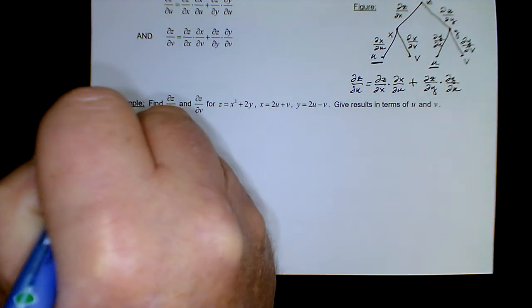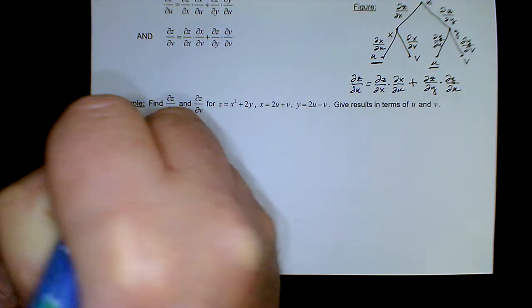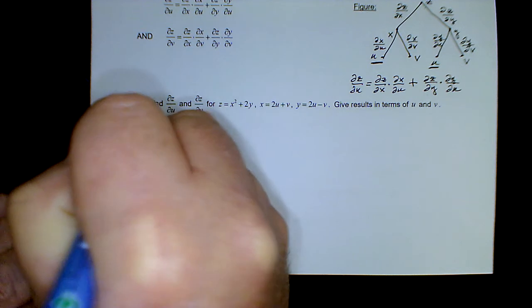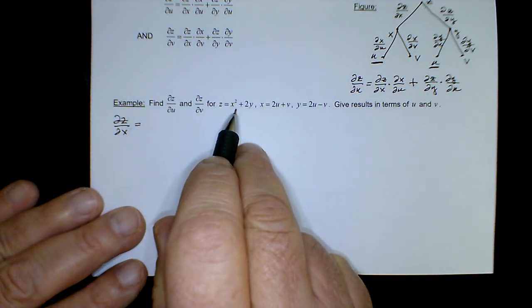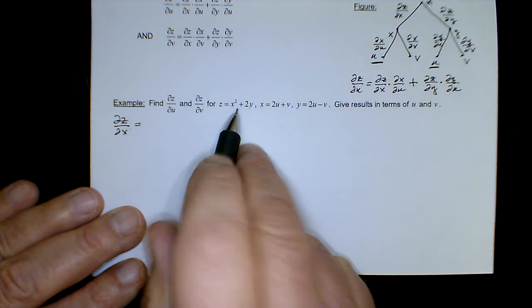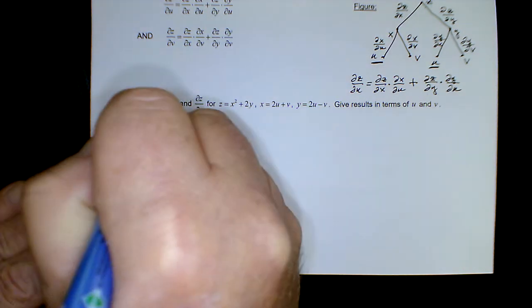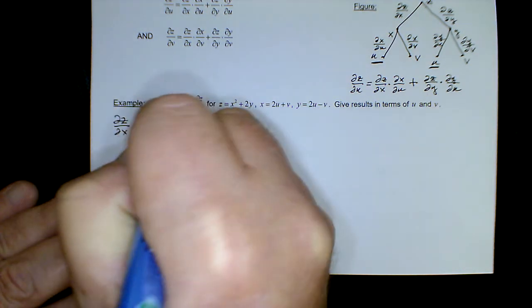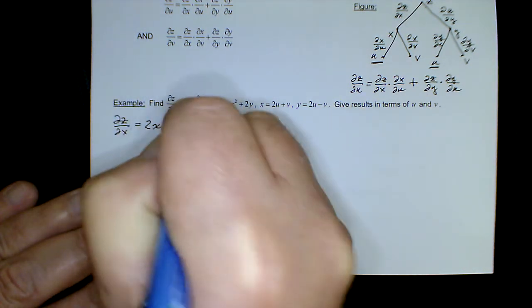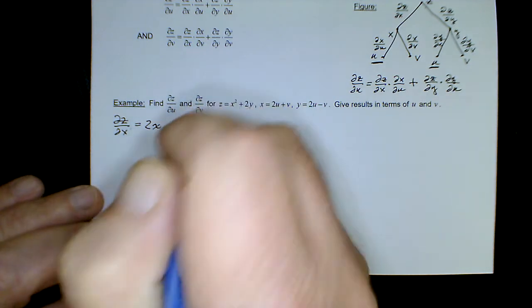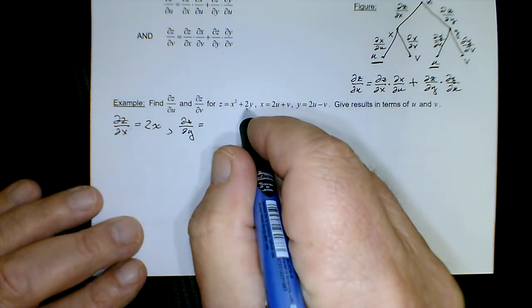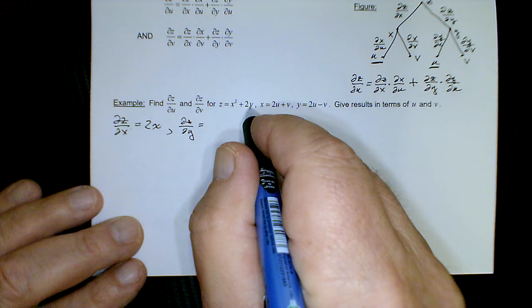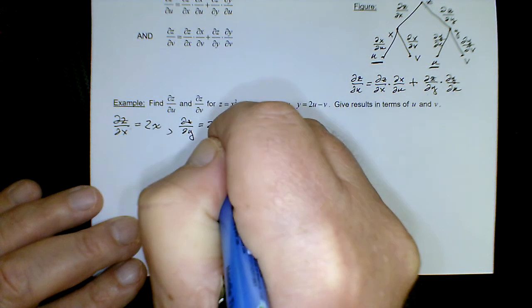The partial of z with respect to x: y is held as a constant, and the derivative of x squared is just 2x. The partial of z with respect to y: x is held as a constant, the derivative of x squared is 0, and the derivative of 2y is 2.